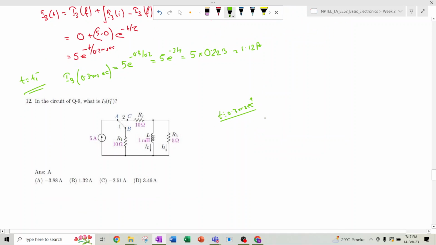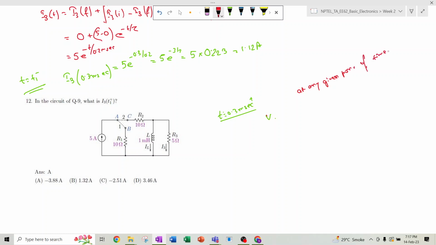I have told you that at any given point of time t, the voltage across the capacitor will not change abruptly and the current flowing through the inductor will not change abruptly, right?